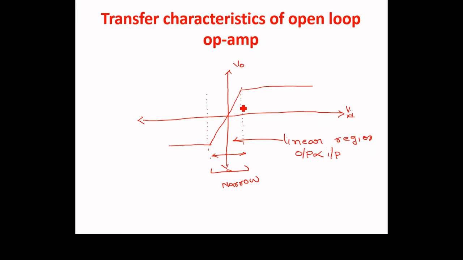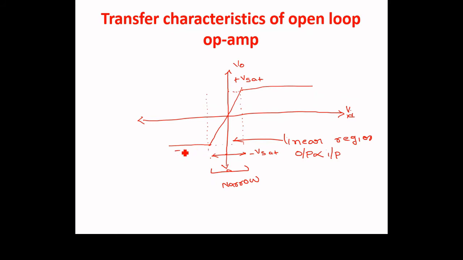If it crosses this range, the output is simply either plus Vsat or minus Vsat. If the input voltage you apply crosses the limits of this linear region, the output will go, depending upon the polarity, to plus Vsat if the differential voltage is positive, and to minus Vsat if the differential voltage is negative.